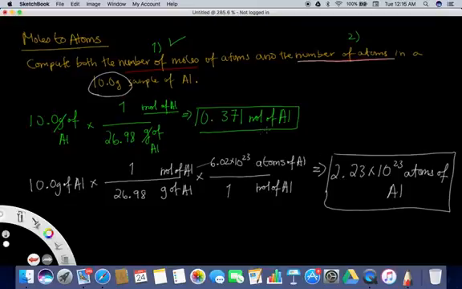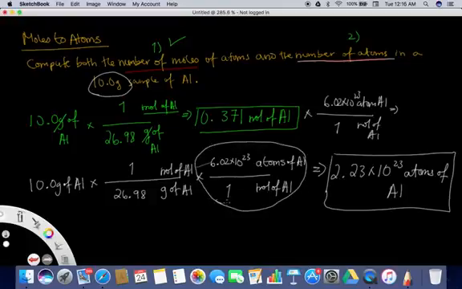Now, could I have gone from the 0.371 moles of aluminum to atoms just by multiplying by 6.02 times 10 to the 23rd atoms over 1 mole and gotten the same answer? Absolutely, but I just wanted to do it the long way to show that there's this extra step when it comes to finding the atoms when you're given the grams of a sample.